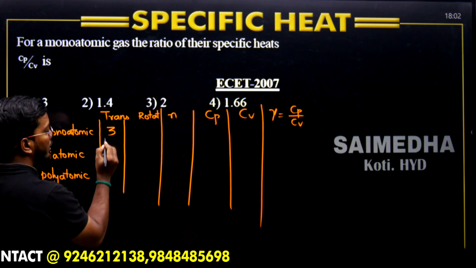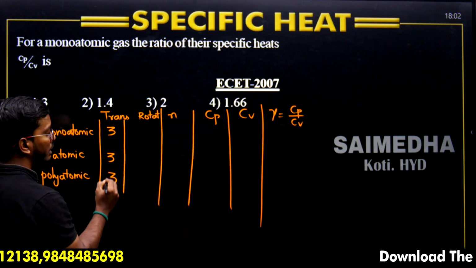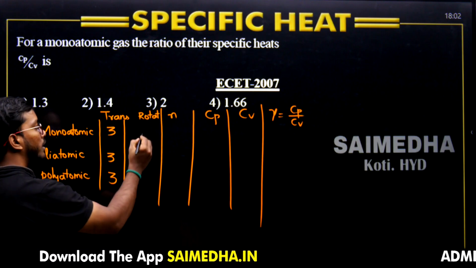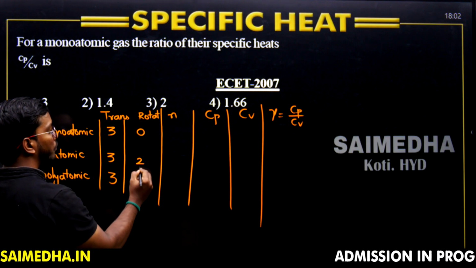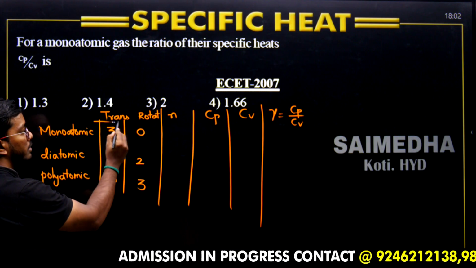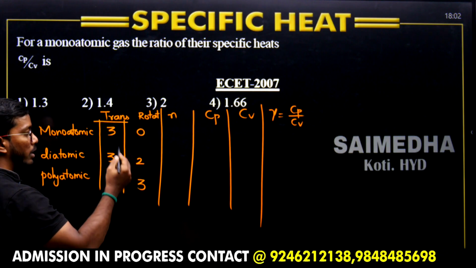Monoatomic gas, diatomic gas, polyatomic gas: translational degree of freedom will be 3. Rotational degree of freedom is 0 for monoatomic, 2 for diatomic, 3 for polyatomic. Focus on this one, translational x, y, z.